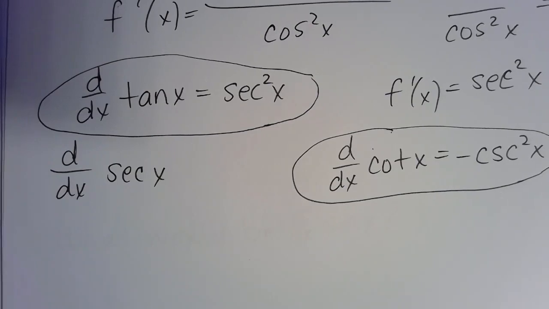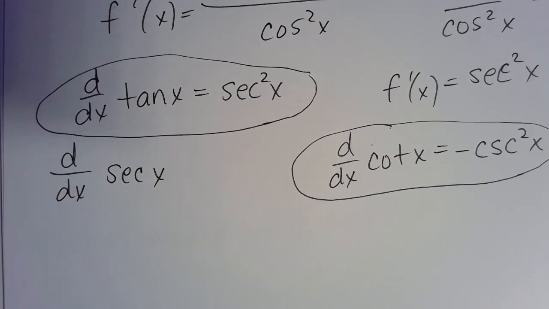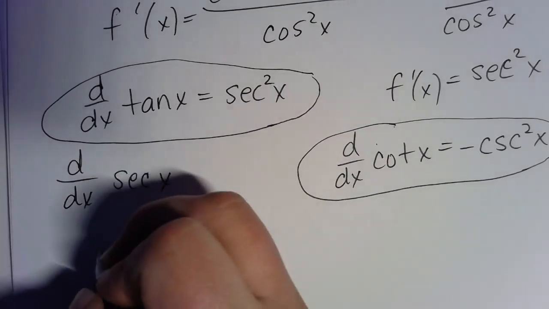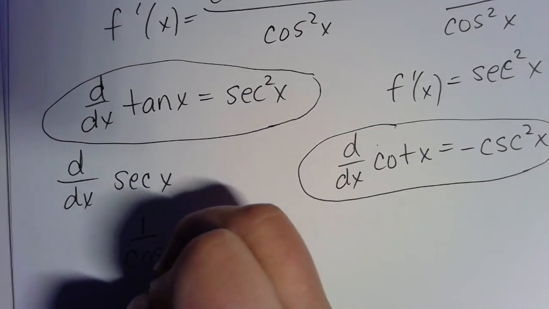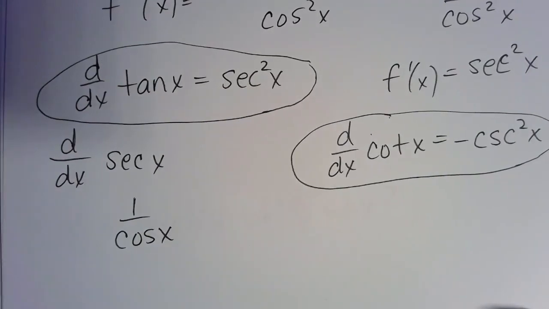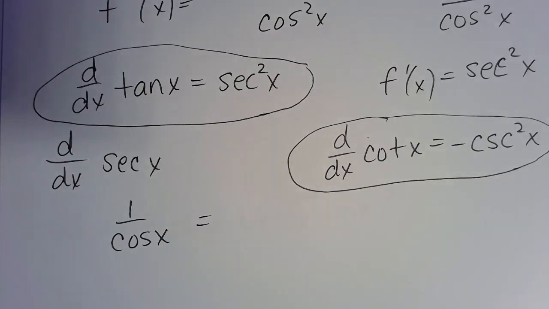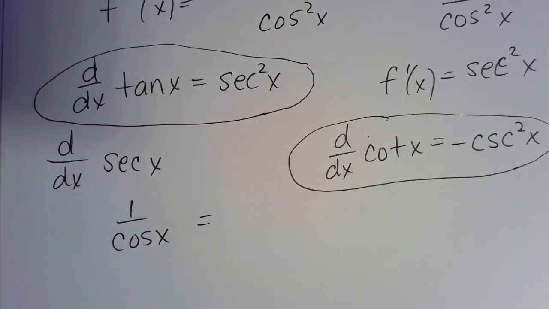Okay, so we're going to do the same thing this time with secant. Secant is really 1 over the cosine of x. So to do the derivative, I'm going to use, actually, no, I'm not. I'm going to use the quotient rule here, okay?